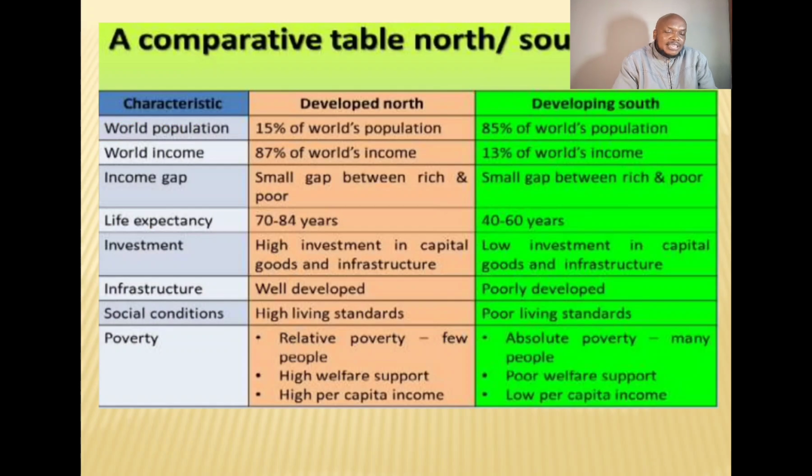There is low investment in terms of goods and infrastructure, and infrastructure as well is poorly developed. Their standard of living is very bad. There is poverty and high levels of unemployment in the countries found south of the Brandt Line. The population is very poor, and only a few individuals are doing well economically.